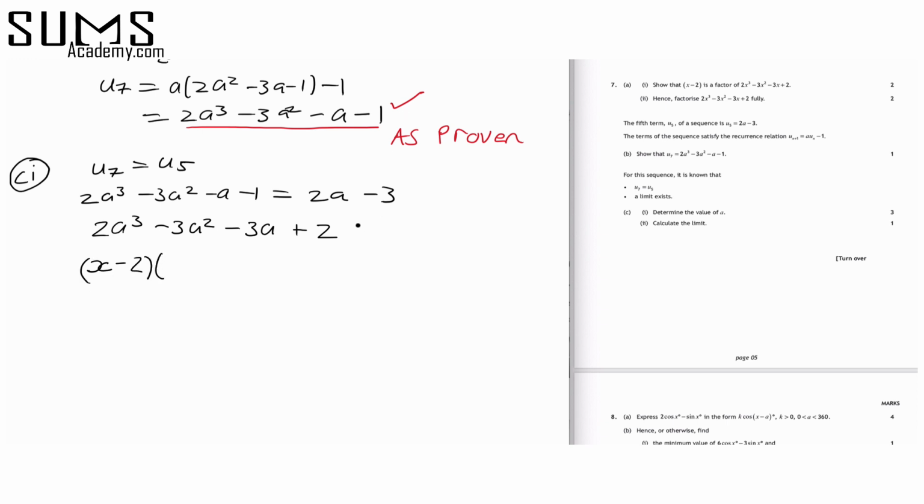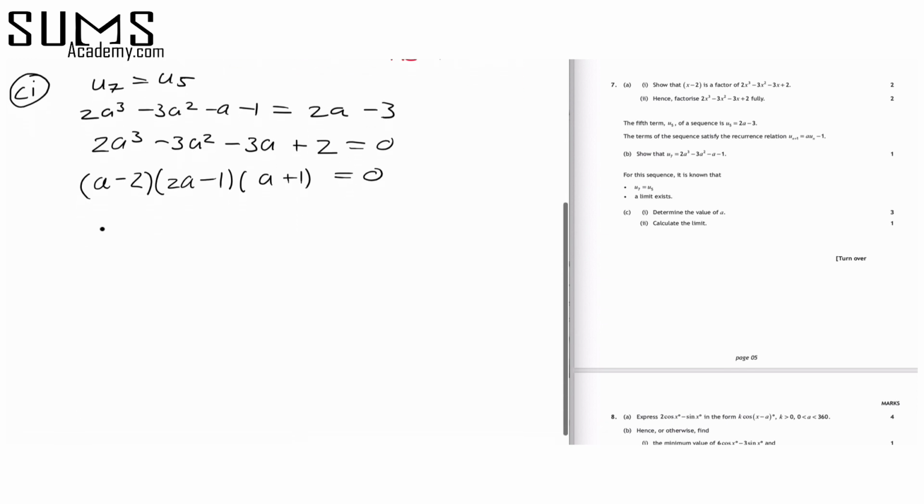Let's remember this is a now. So a minus 2, 2a minus 1, and a plus 1. And this is all equal to 0. Okay, so now we solve for a. So a is equal to 2, a is equal to 1/2, and a is equal to -1.